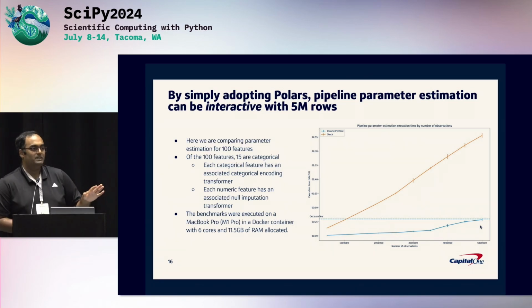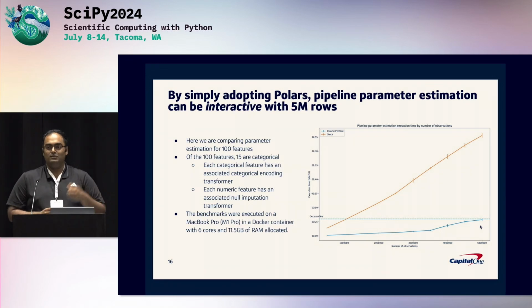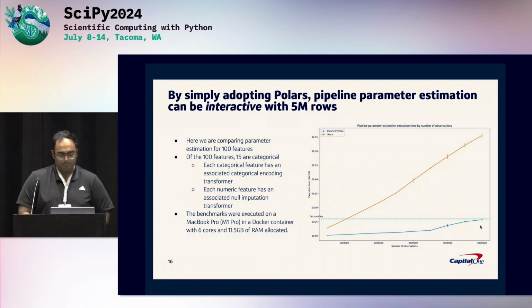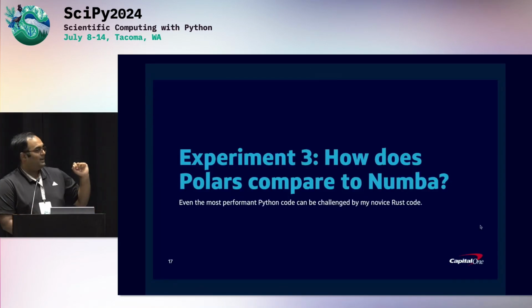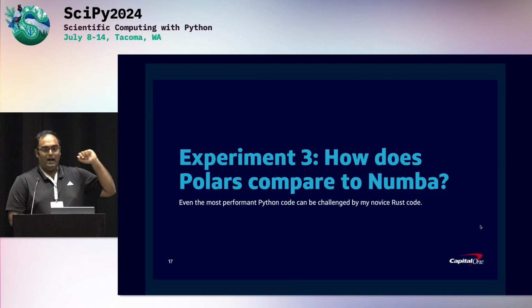So the final experiment we did was actually a challenge from one of my colleagues. He basically just said, what about Numba, right? At least internally, our experience has been that Numba produces the most performant code, but it's again shifting paradigms. So again, we're going to compare Numba to my novice Rust code.